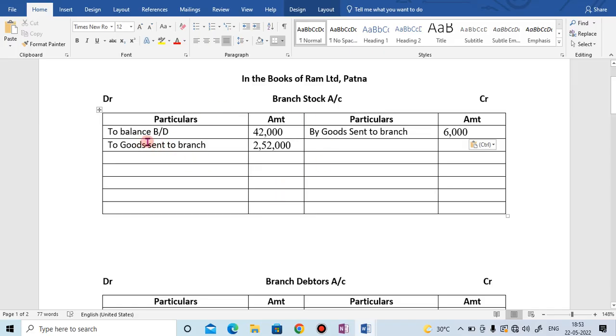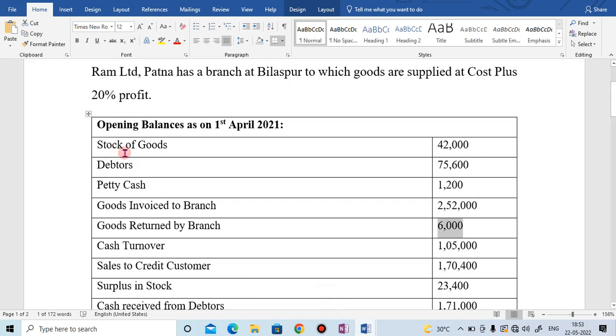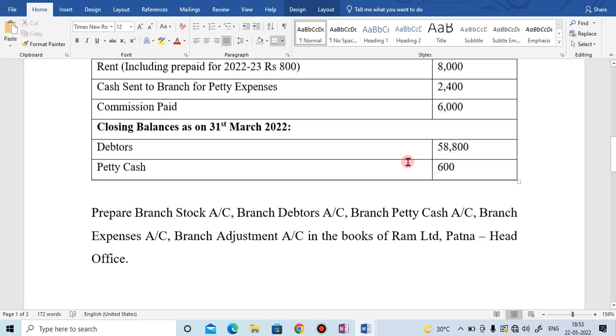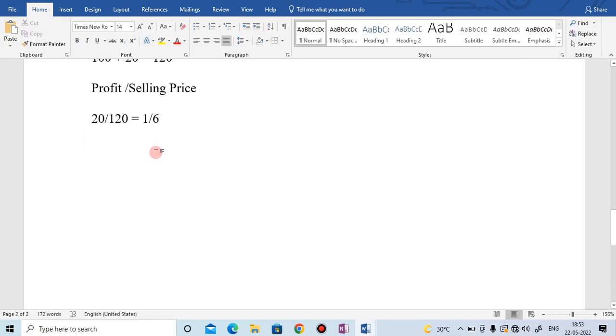As I said, after this we have to calculate loading on opening stock of branch. So see here, the opening balance of stock is 42,000. On 42,000 we have to calculate loading. So first calculate profit on opening stock.